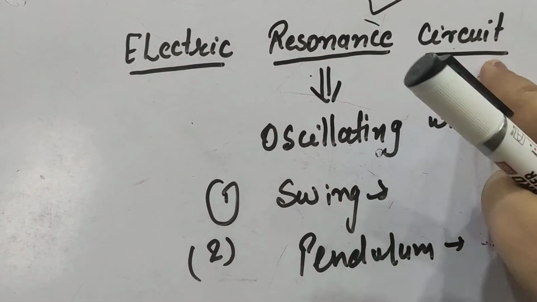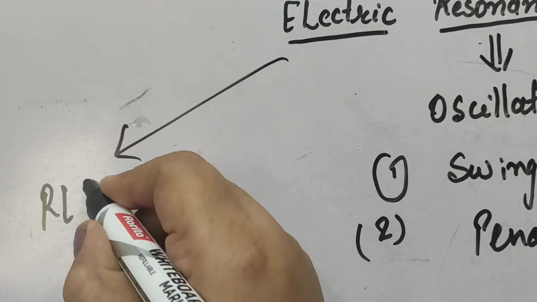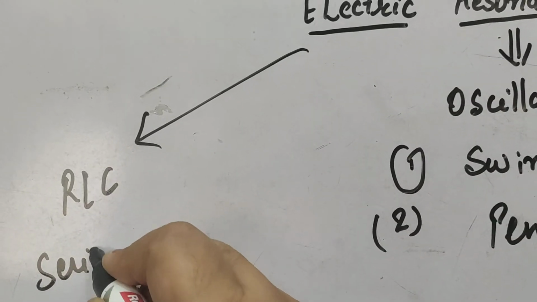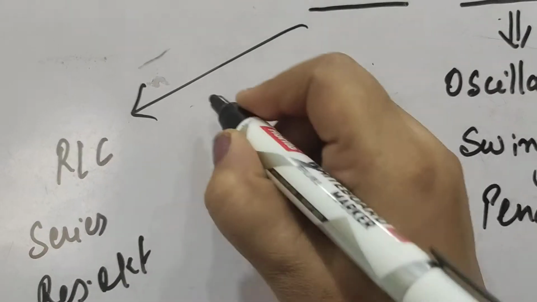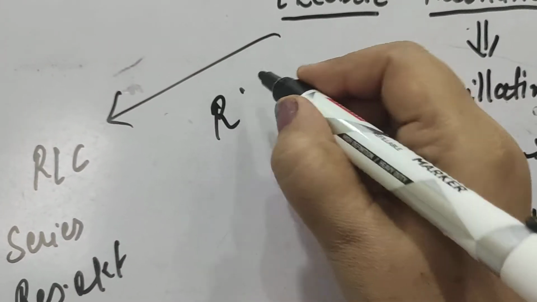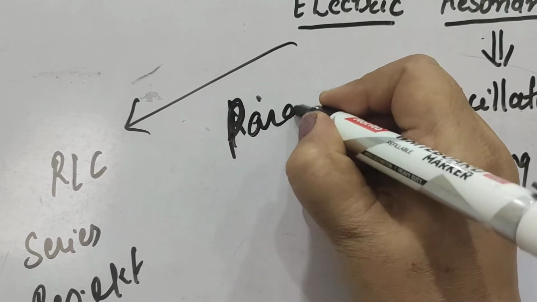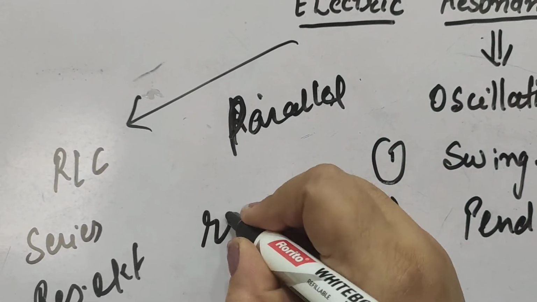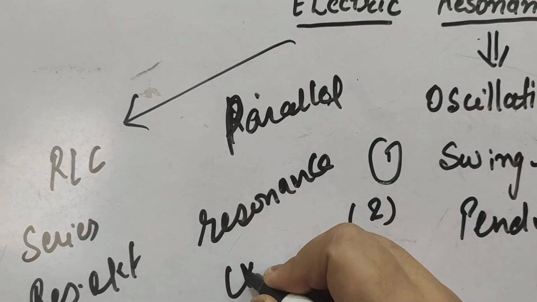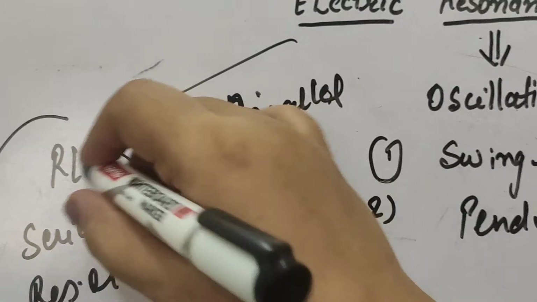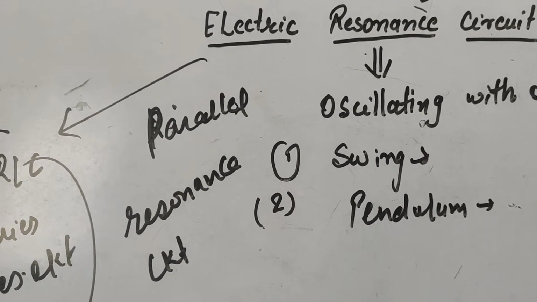Now we have two kinds of electric resonance circuit, that is the RLC series resonance circuit, and another one is the RLC parallel resonance circuit. In this video we will discuss the series resonance circuit, and the parallel resonance circuit will be discussed in the next video.